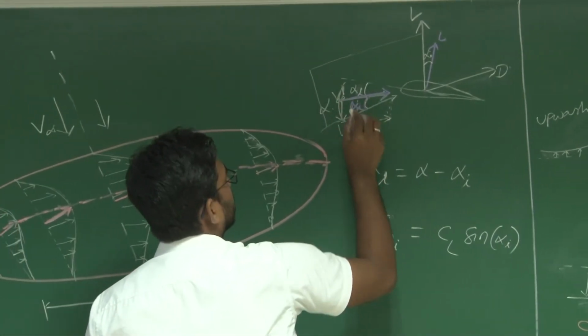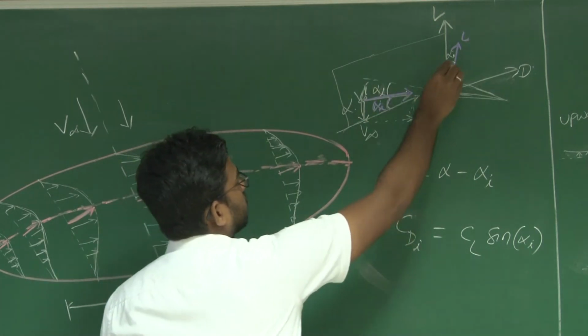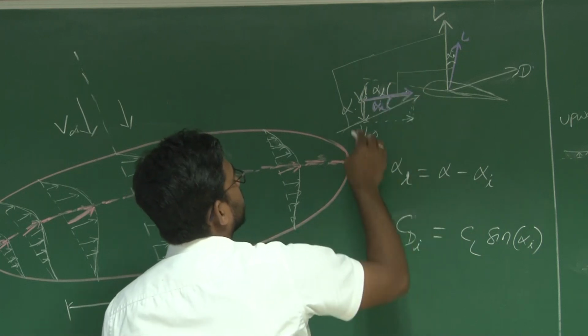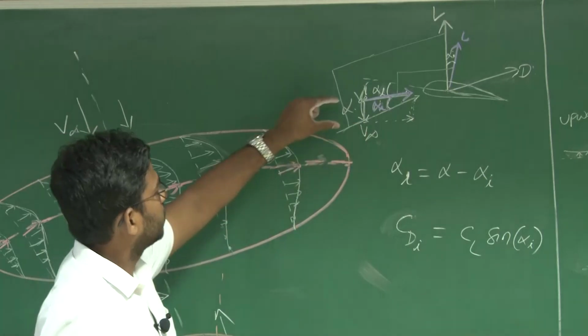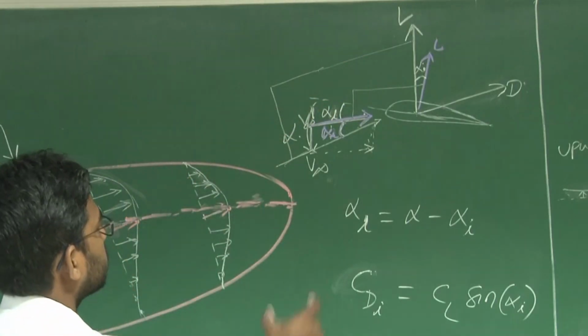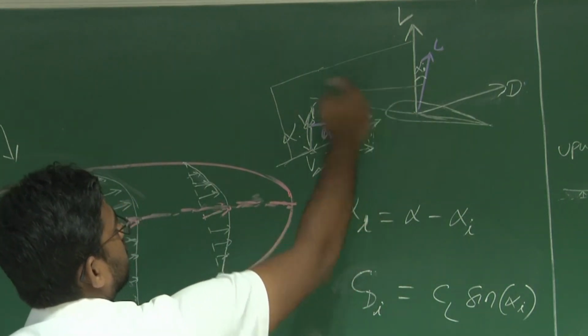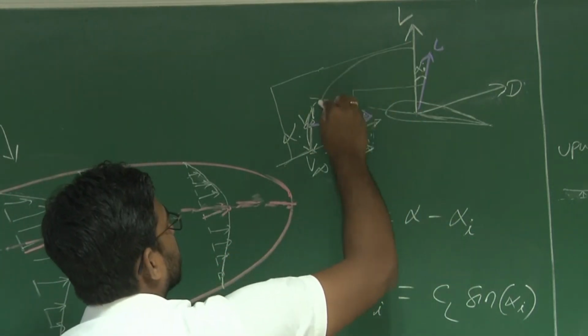So these two are perpendicular, V infinity and capital L are perpendicular, and this local lift and V infinity prime are perpendicular, right? So what is this angle?